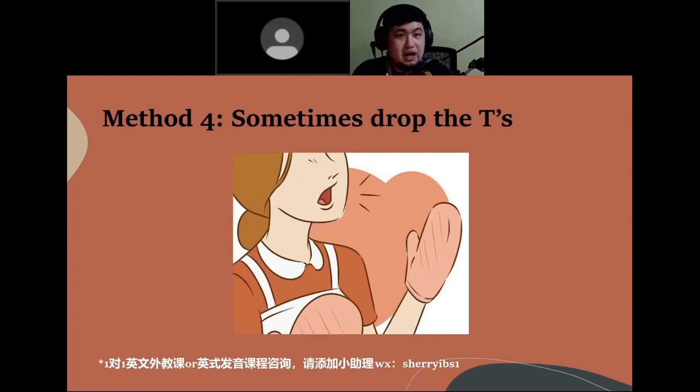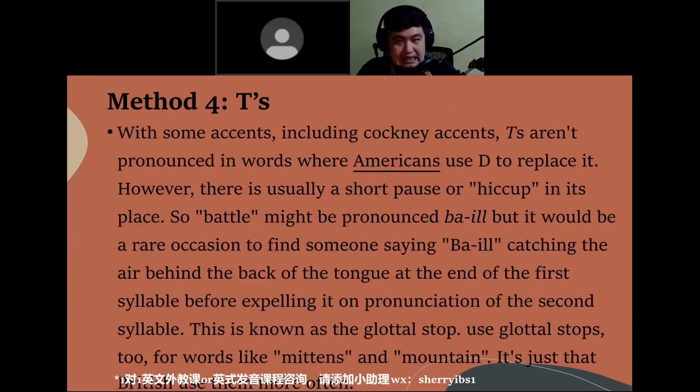For example, the H in the word "honestly" is silent; you will never hear it pronounced with an H. There are specific words that are exceptions to the rule.